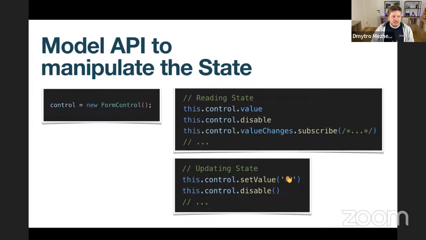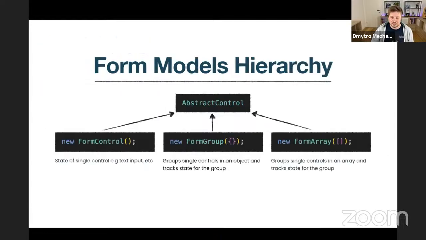And this form control is not the only model that is available for us. There are many of them, and all of them kind of extend the so-called abstract control. Abstract control is the abstract class that actually shares a lot of API among the derived models like form group and form array.